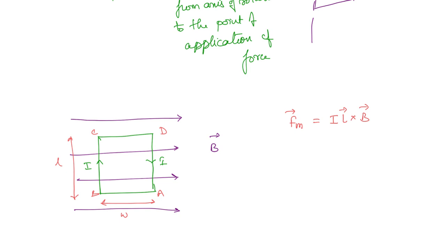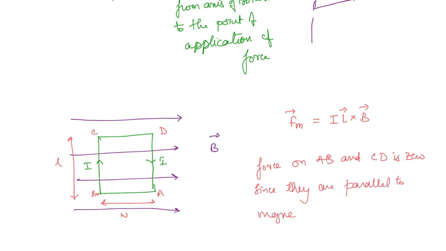So then what will be the force in that case? It is going to be 0. So force on AB and CD is 0 since they are parallel to the magnetic field lines.